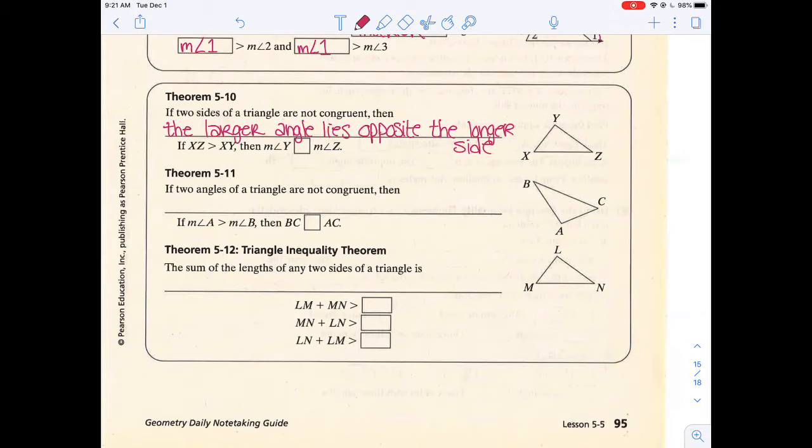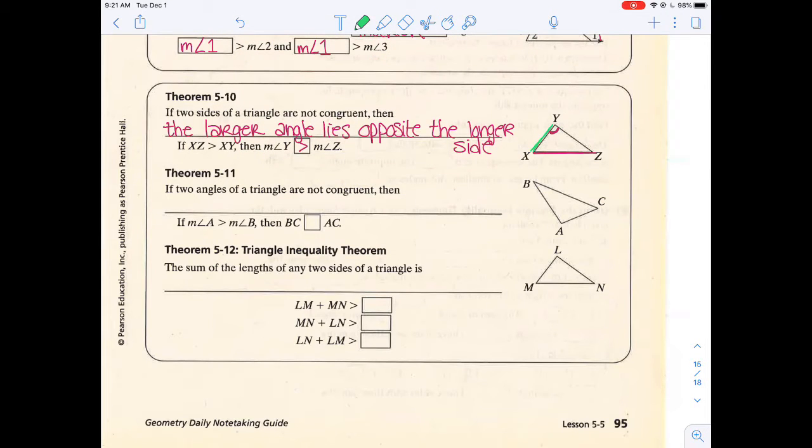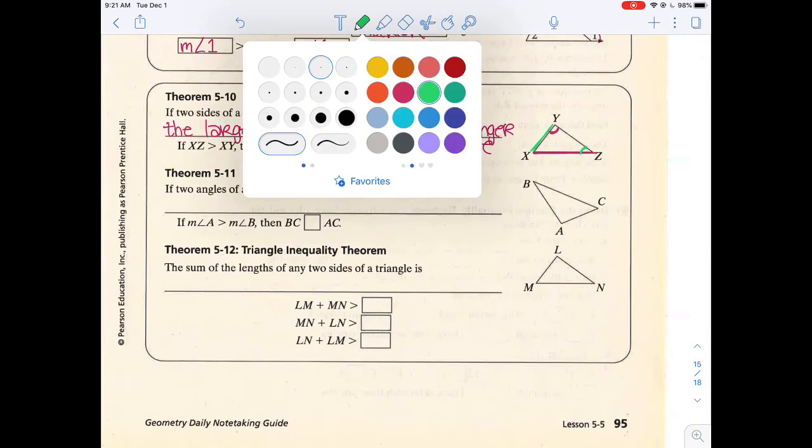So if we look at what that means, here it says if xz is greater than xy, then the measure of angle y, which is across from xz, is greater than the measure of angle z. So if you look, xy would have been across from this angle. Okay, so if you know one of the sides is larger, then the angle across from it is also larger.